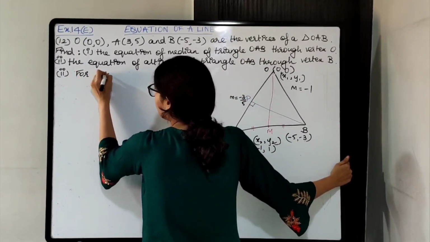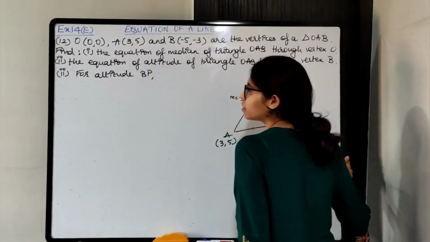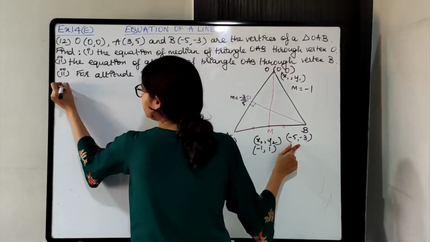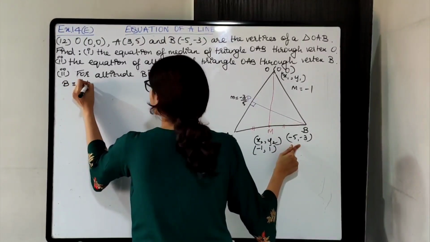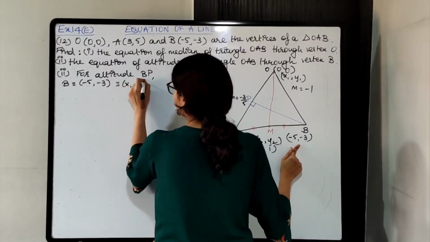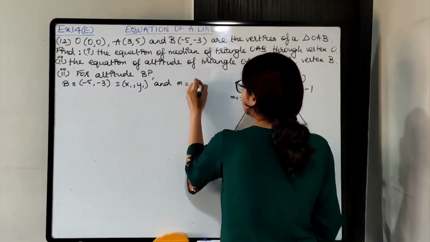For altitude BP, we have the coordinates of B. So write down B: -5, -3 is x1, y1. Okay, and slope is -3 upon 5.